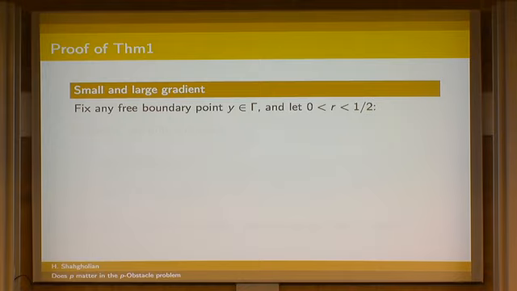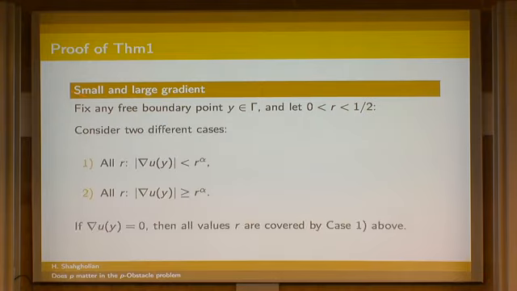So we split it into two parts, small and large gradient, and here it is. Choose r small enough, choose your point, and look at the points where the gradient is small in this sense, and then where the gradients are large in this sense. Two sets.